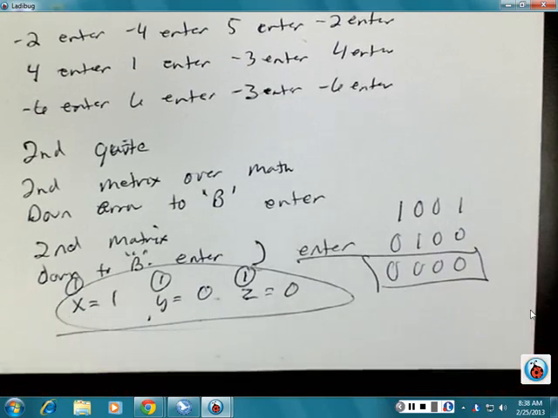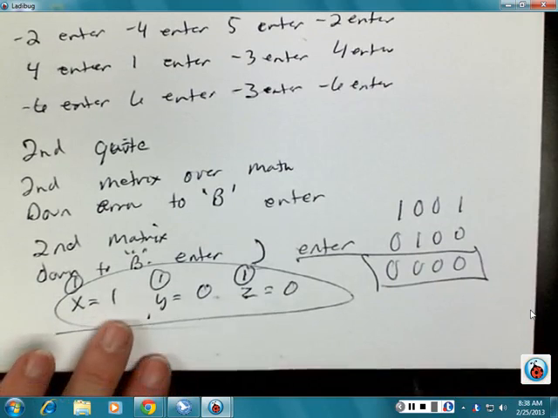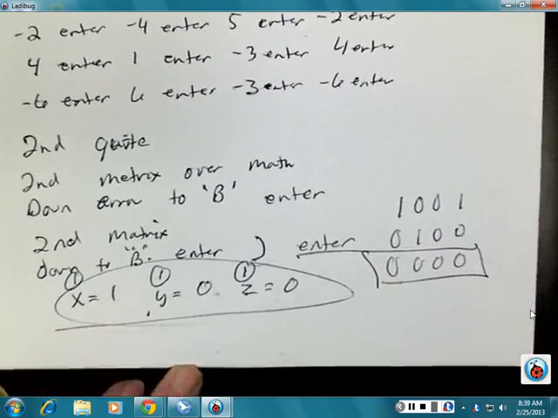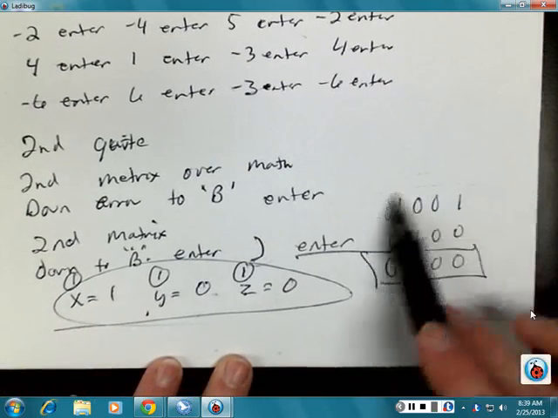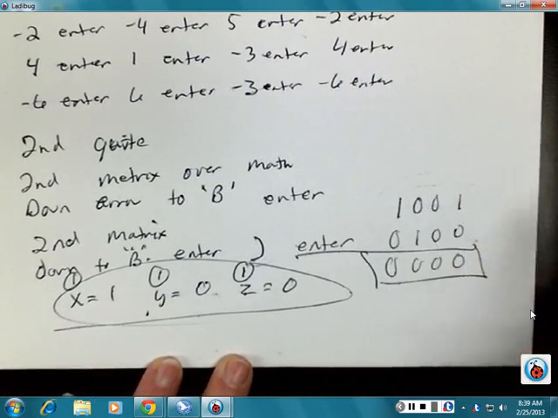Yes. Many solutions. That's not what you have? The first two lines weren't the same. Oh, this part's not the same? No. What's this part? 1, 0, point, negative 5.